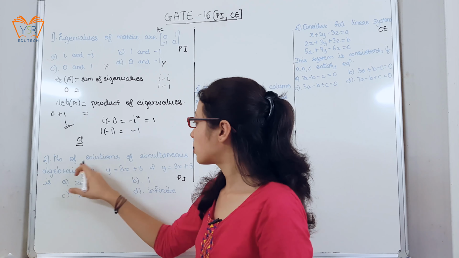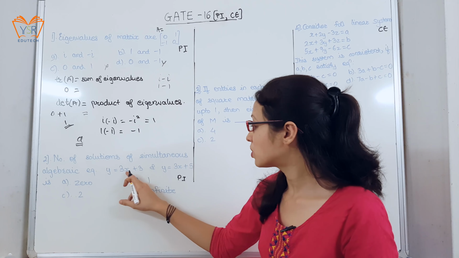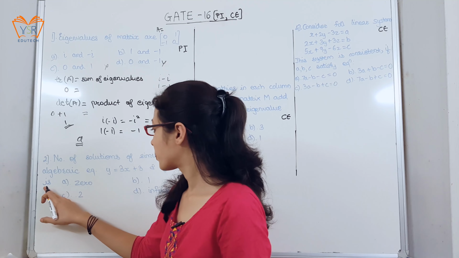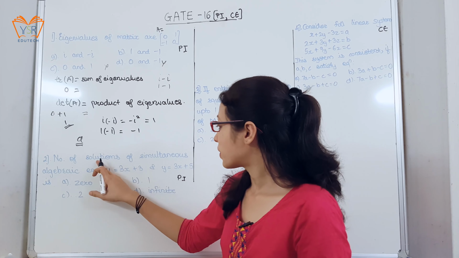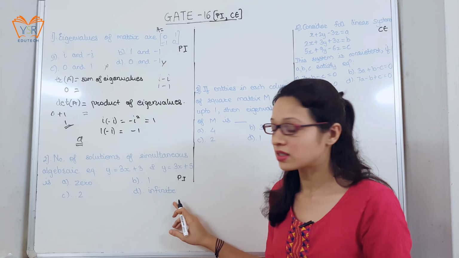Second example: the number of solutions of the simultaneous algebraic equations y is equal to 3x plus 3 and y is equal to 3x plus 5 is. We are supposed to find out whether the solution is 0, 1, 2 or infinite.